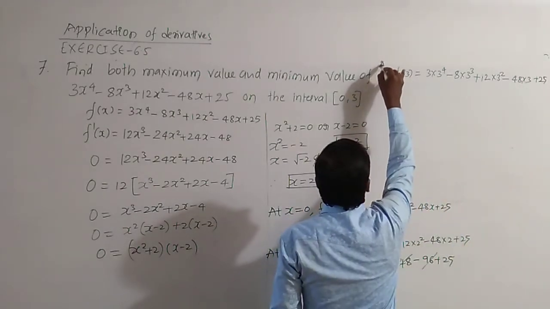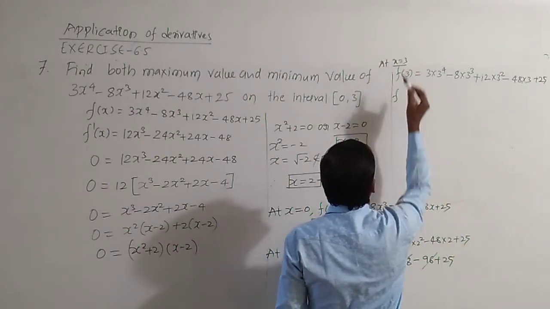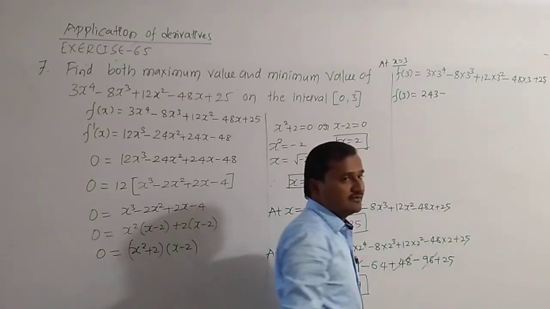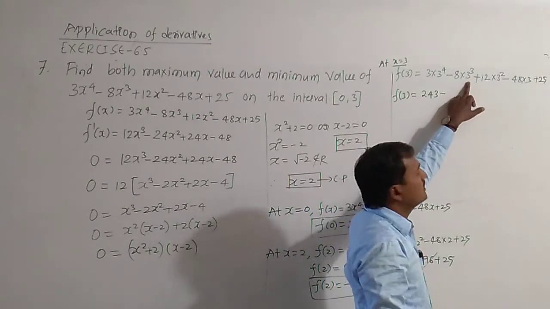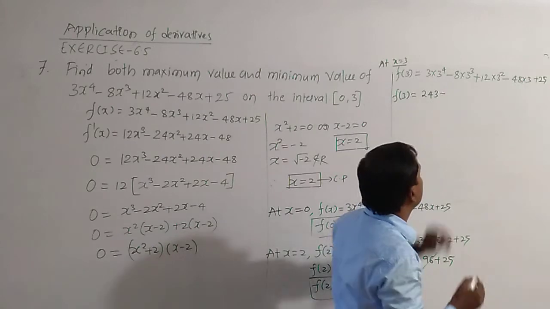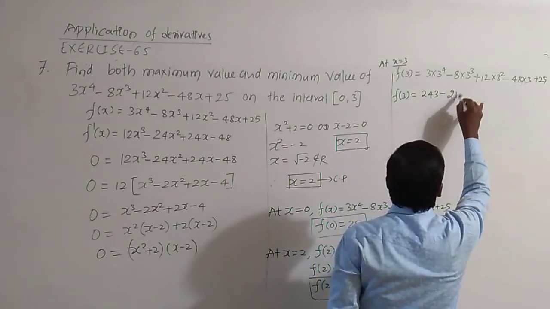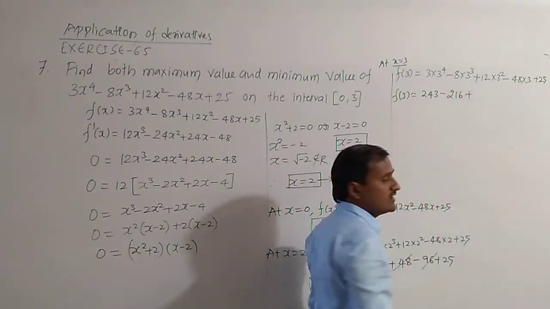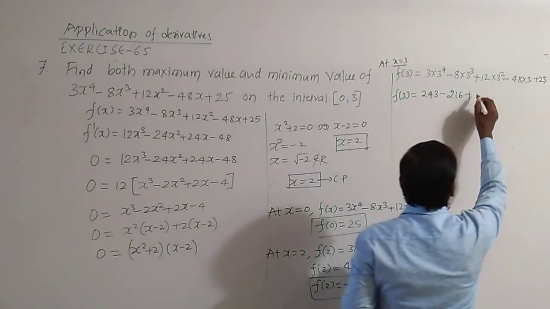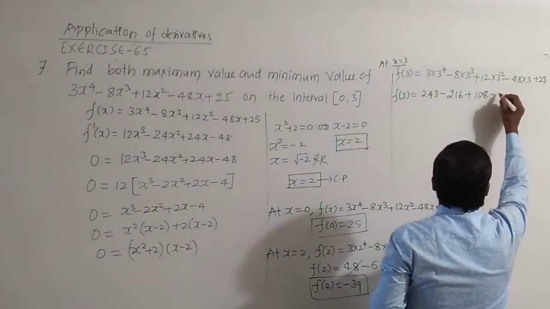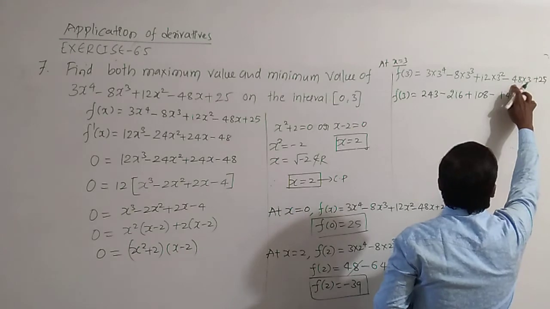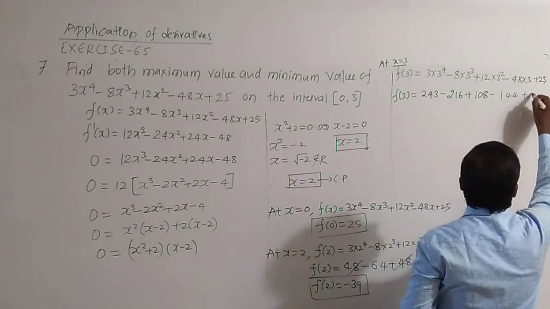Substituting x equal to 3, f of 3 is equal to 243, and 3 cube means 27, 27 into 8 means 216, plus 3 square means 9, 9 into 12 is 108, and here it is 25.